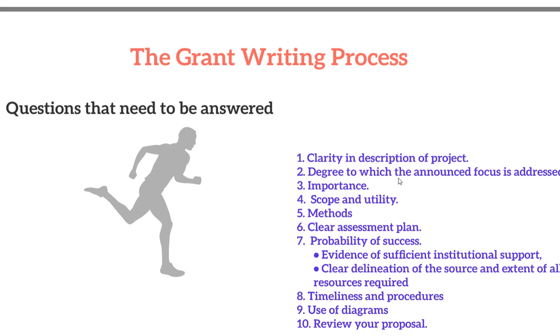Once you look at what the grant asks for, how are you going to address the grant? How well are you going to be able to address the problems? What is the importance of this work for you, and perhaps for the people giving you the money? Make sure, again, the word importance is very critical. What's the scope of your grant?